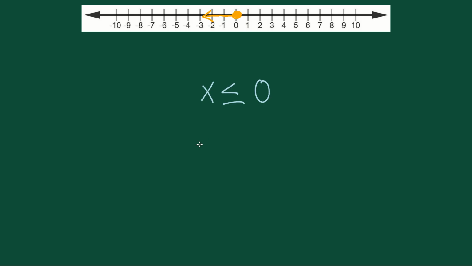Okay, so that's pretty much it in terms of graphing simple inequalities. Now in high school, you can get into complex inequalities, but if all you see is a variable is greater than, less than, greater than or equal to, less than or equal to something, it's very easy to graph. So x is greater than a number, you would draw an open circle to the right.